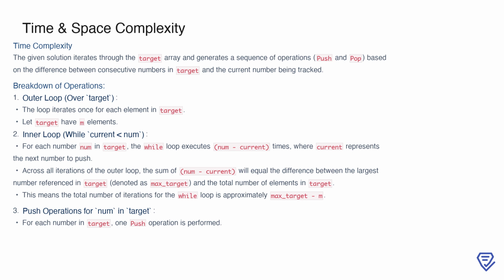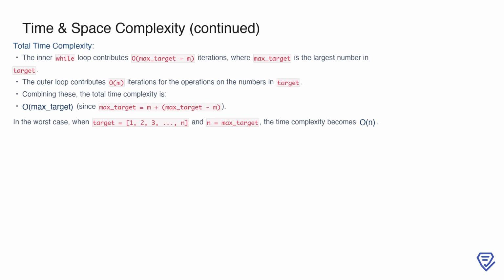Together, we have one push operation for each number in target, and the total iterations for the while loop amount to max_target minus m. Combining the contributions of both loops, the total time complexity can be calculated. The inner while loop accounts for O(max_target minus m) iterations, where max_target is the largest number in the target array.